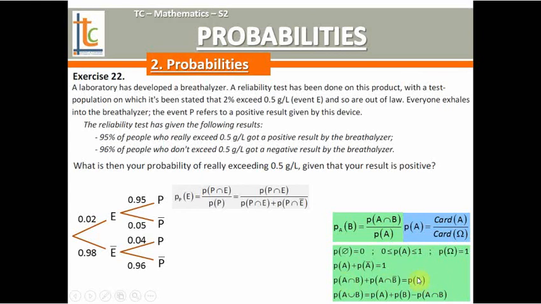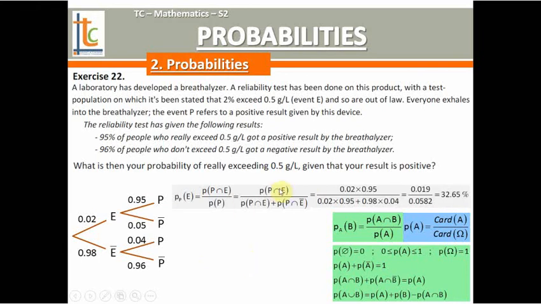P of P can be seen as P of P into E plus P of P into E bar. So let's write it. You need 3 intersection probabilities in order to perform your calculation. And intersection probabilities come from the end of the tree. Okay, so let's write now the calculations.